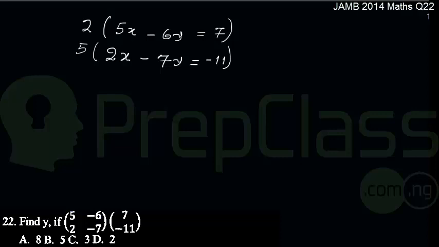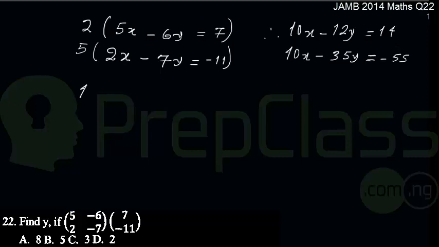At the end of this multiplication, we need to make sure that the coefficients of x are the same. So therefore, 2 times 5x, that will give me 10x. 2 times minus 6y, that will be minus 12y. 2 times 7, that will be equal to 14. Now, for the second equation, I'll have 5 times 2x, that will give me 10x. 5 times minus 7y, that will be minus 35y. 5 times minus 11, that will be equals to minus 55.